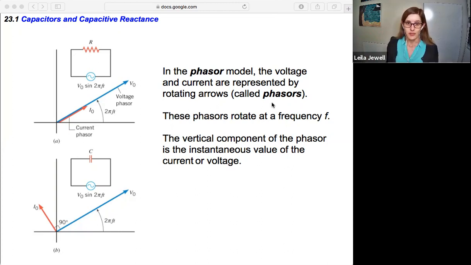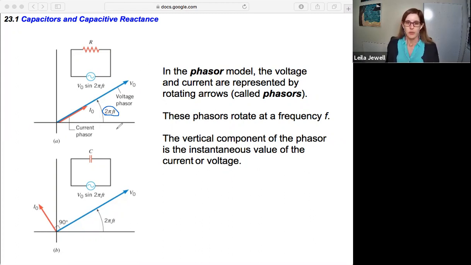I know this is a lot of weird terminology, but just keep your phasor set to stun and enjoy the surprise, right? So we have the voltage in blue and the current in red. And these rotate around with some frequency f. So the speed of their motion is this 2 pi f times time.